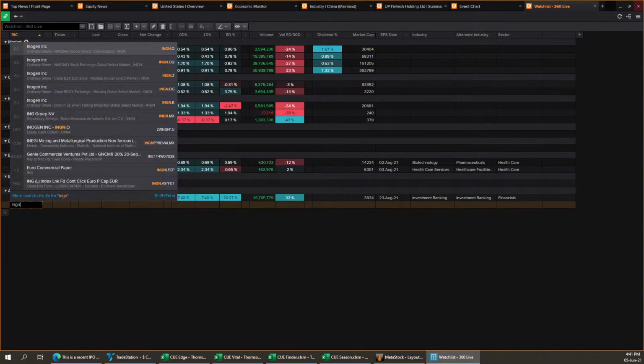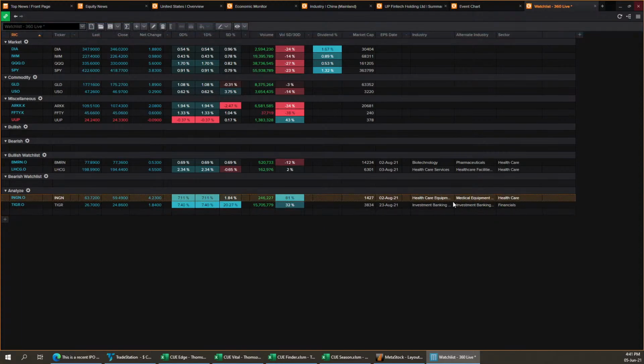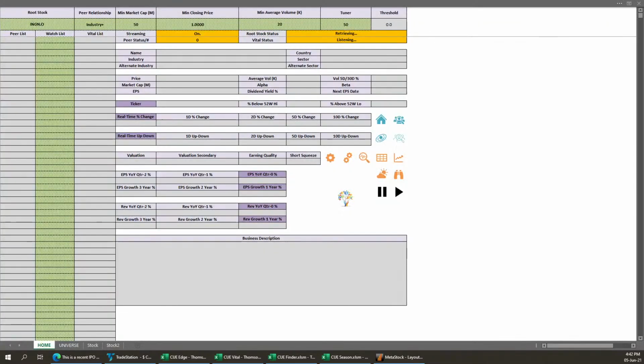INGN. Healthcare equipment. I'm accumulating some healthcare stocks at the low price, as you know. INGN is not at a very low price, but let's check the healthcare equipment industry while it is connecting with Refinitiv to get the fundamental scorecard.